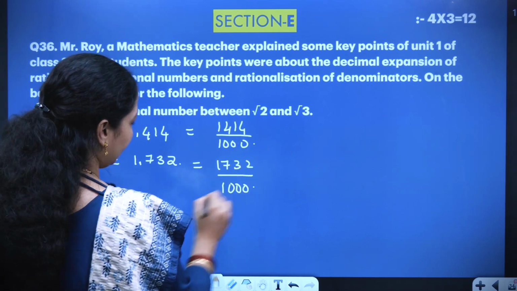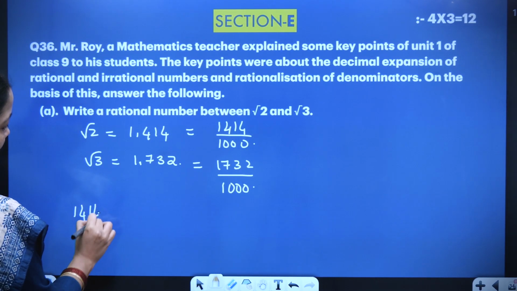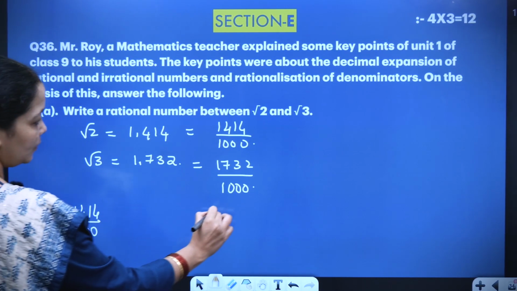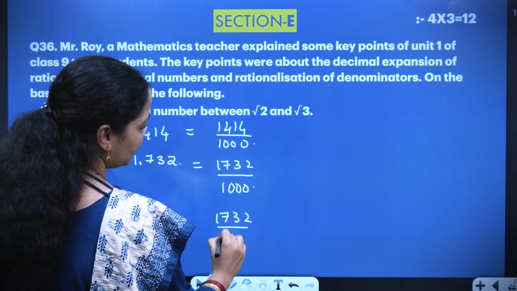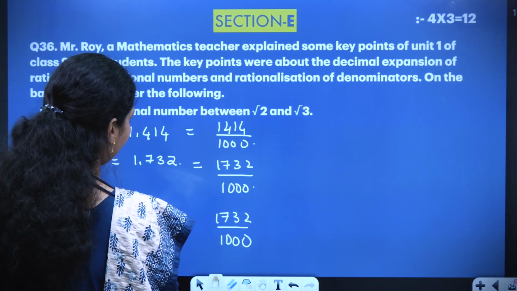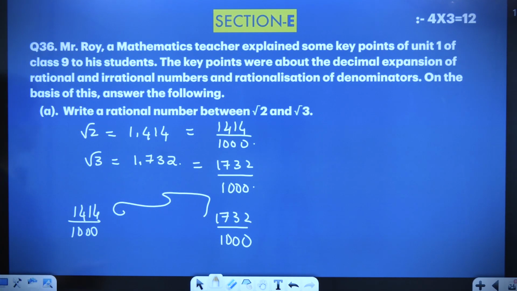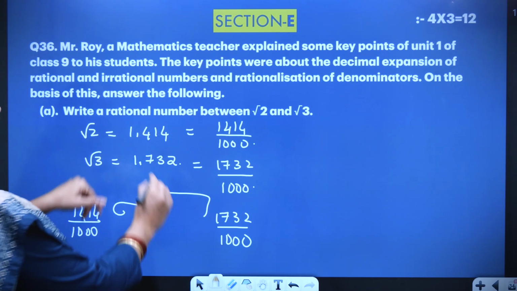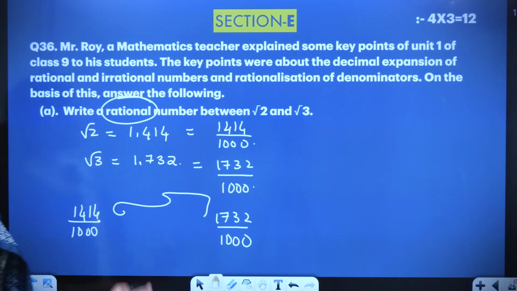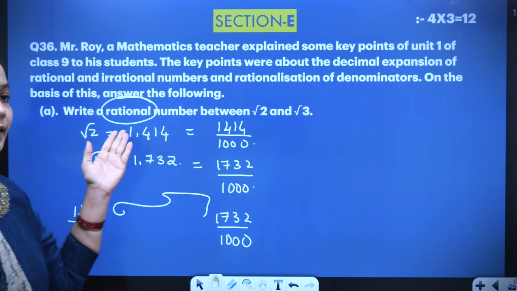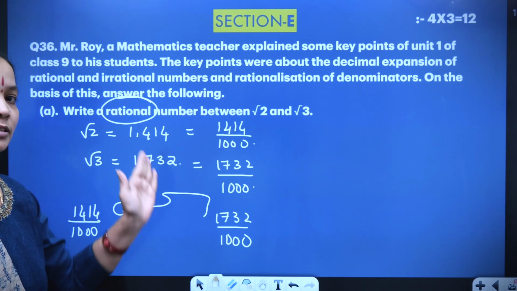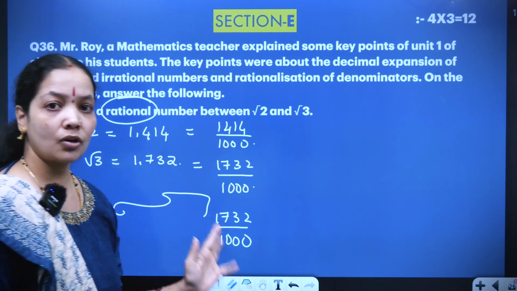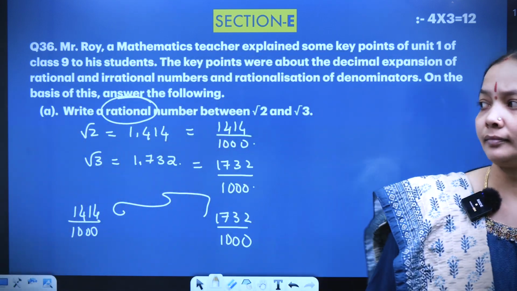Now between this and this, see, 1414 by 1000 is here and 1732 by 1000 is here. I have n number of rational numbers in this slot. You can choose any two and write them here. They are asking us for a rational number. Read the question properly. Sometimes there are chances that they'll even ask you for an irrational number. So be careful and answer according to the need of the question.